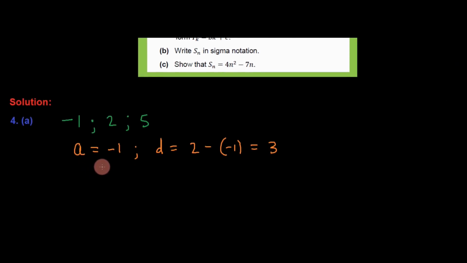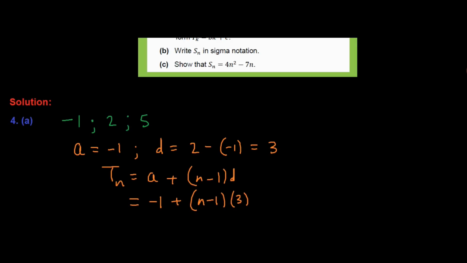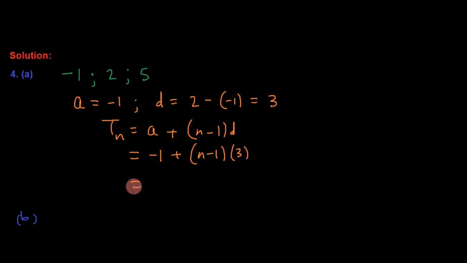Now we use the formula T sub n equals A plus n minus 1 times D. And we merely replace A and D with numerical values. We can simplify. And T sub n then is 3n minus 4.